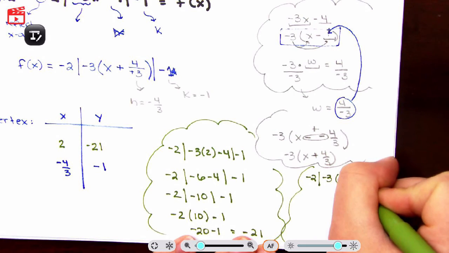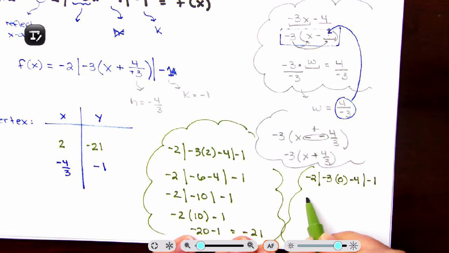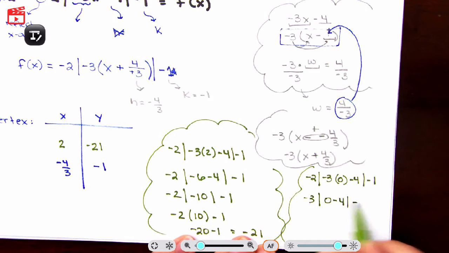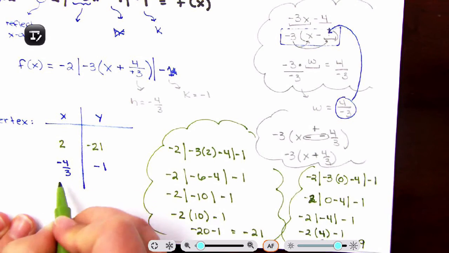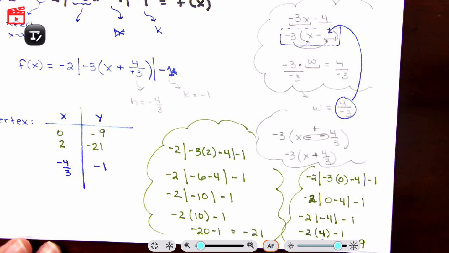So 0 times negative 3 is 0. 0 minus 4 is still 0. That should be a 2 here, I apologize. So I have negative 2 times negative 4, absolute value, minus 1. Negative 2 times the absolute value of 4 is positive 4, minus 1. This here is negative 8 minus 1, better. So we got a negative 9 as our answer. So if we choose 0, our answer is negative 9.